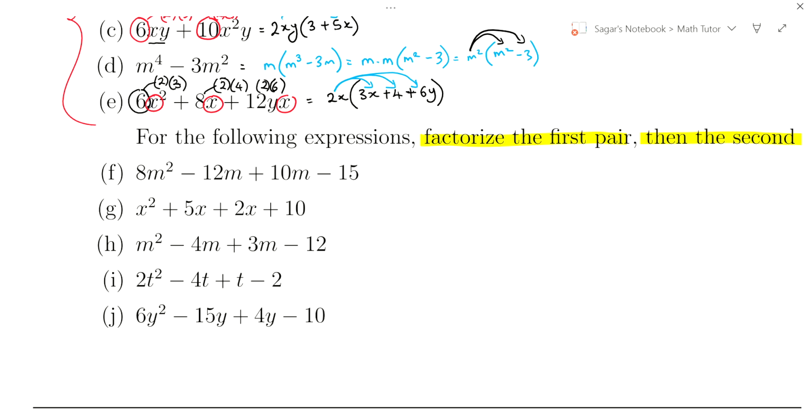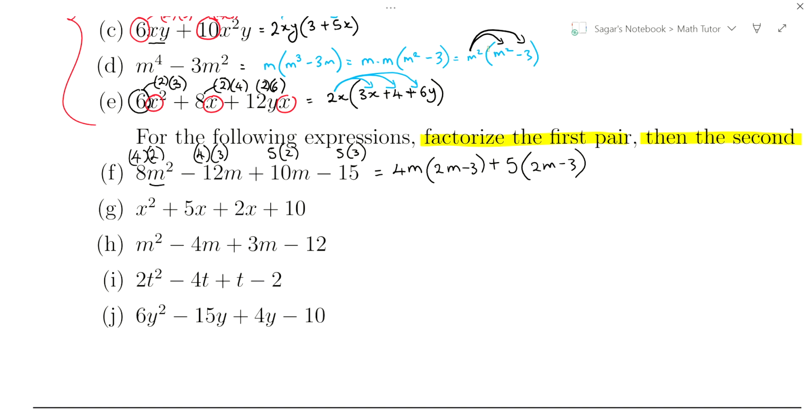So first pair, 8 can be broken into 4 and 2. 12 can be broken down into 4 and 3. 10 can be split into 5 and 2. 15, 5 and 3. I see in the first pair, m is common, so let's factor. 4m, open brackets, 2m minus 3, plus 5, open brackets, 2m minus 3.